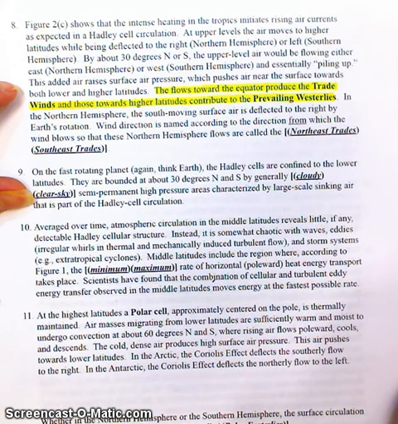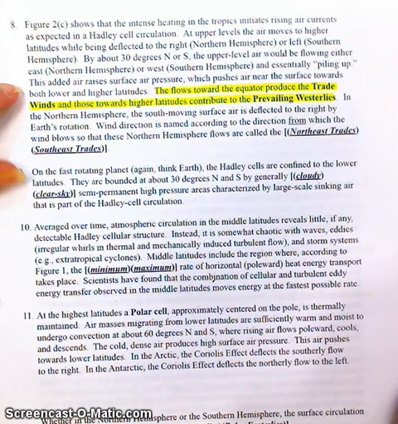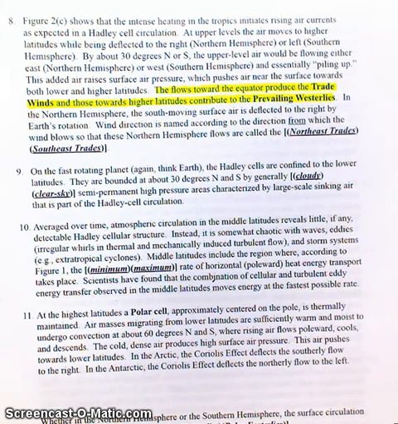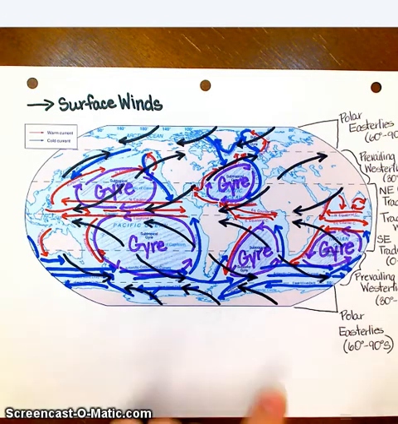Wind direction is named according to the direction from which the wind is blowing. Okay, so let me get a map back out and we'll show you whether we should name those the northeast trades or the southeast trades. So hang on just a second. Alright, so we're going to look at this map.